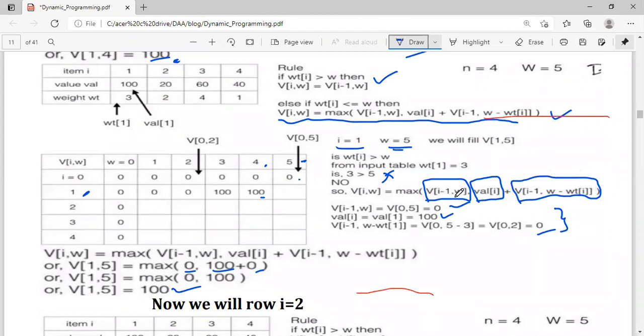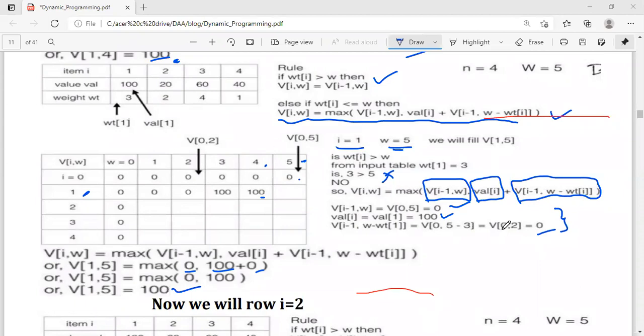V of I minus 1 comma W is equal to, what is I? I is 1, 1 minus 1 is 0. What is W? W is 5, so 0 comma 5. The answer is 0. And the value of item 1 is 100. Then the last one is V of 0 comma 5 minus 3, which is V of 0 comma 2, equal to 0.